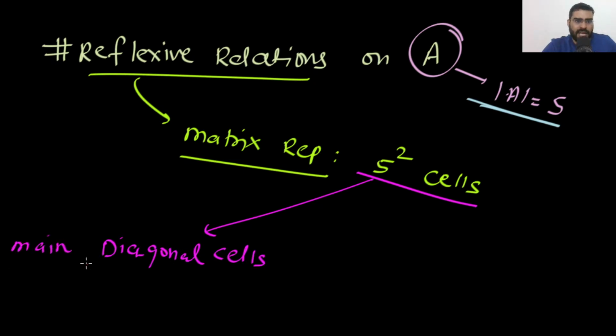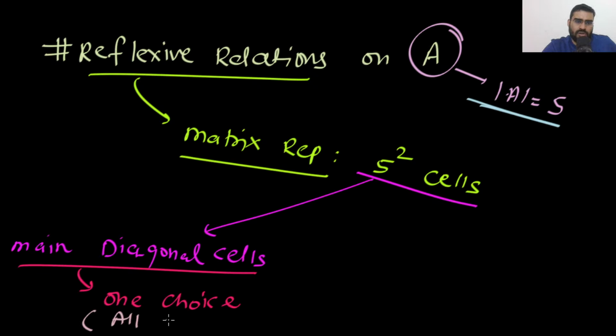For the main diagonal cells, there is only one choice: all must be 1. How many main diagonal cells are there? In the main diagonal, you have a total of 5 cells. So for these 5 cells, you have one choice only.